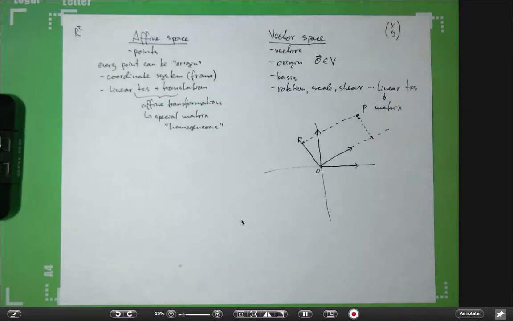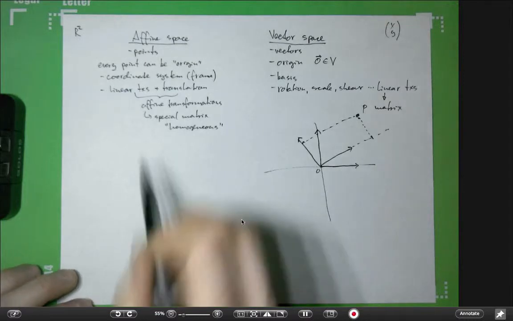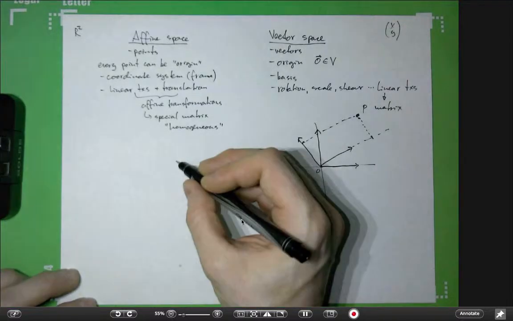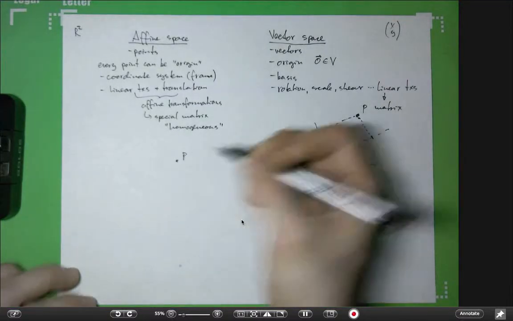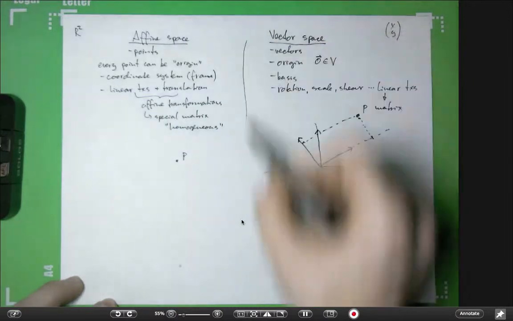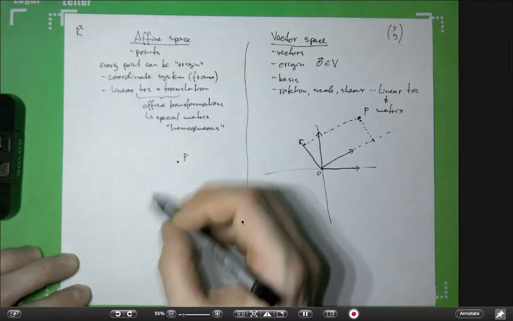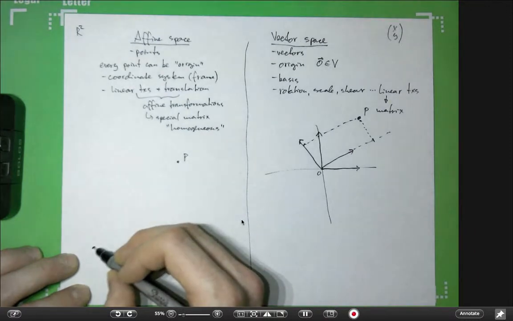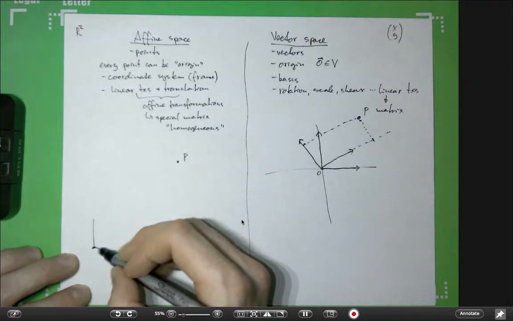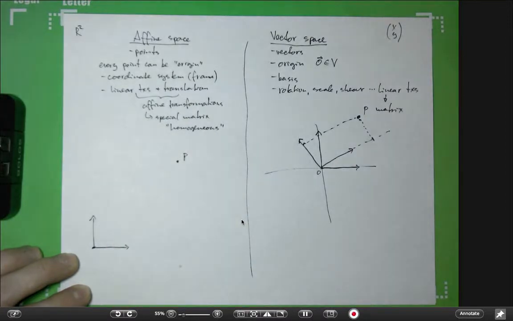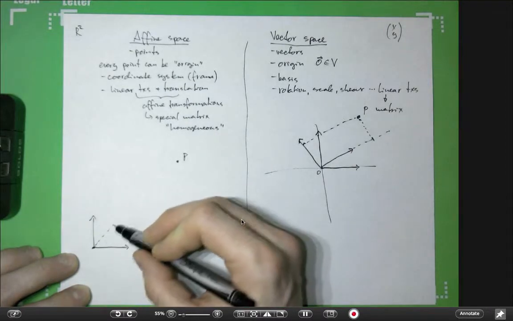In the affine space, I have a coordinate system, which is basically a basis plus a point. So here is my vector space, here is my affine space, and I define a coordinate system. I can pick an origin, for example, here. Any point can be the origin, and I can give it the standard basis vectors, and find the coordinates of this point with respect to this basis, right?